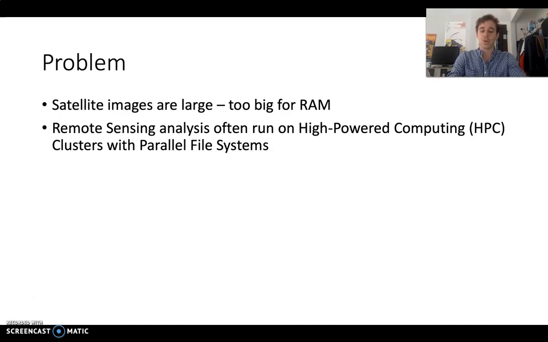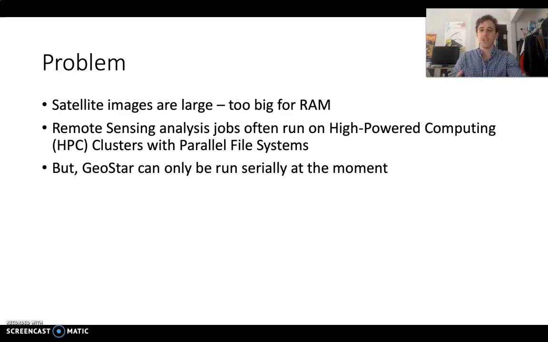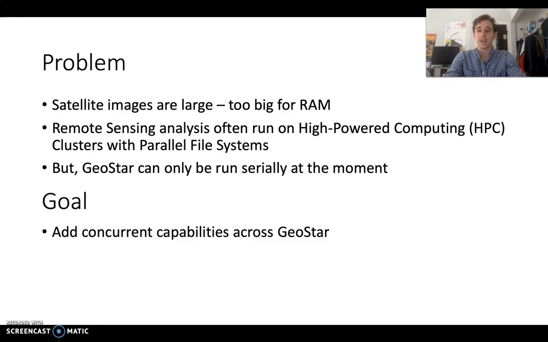In order to leverage that, you need to be able to run your code on multiple computer nodes and have them still work together. But at the moment, GeoStar can only be run serially. So my goal for this project was to add concurrent capabilities across GeoStar, and give us the ability to leverage high-powered computing clusters for these really large images.